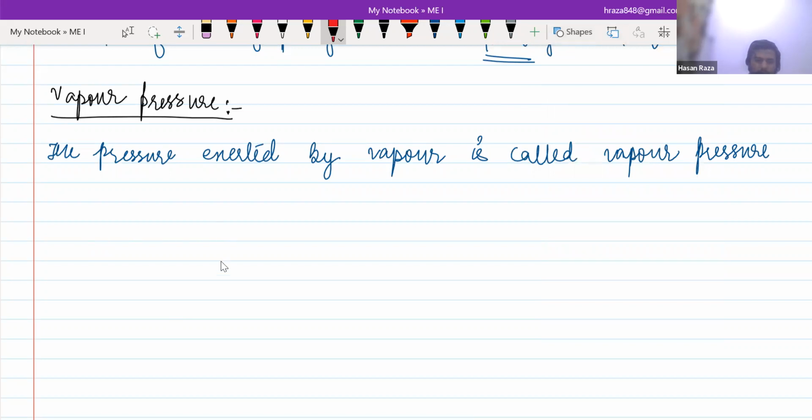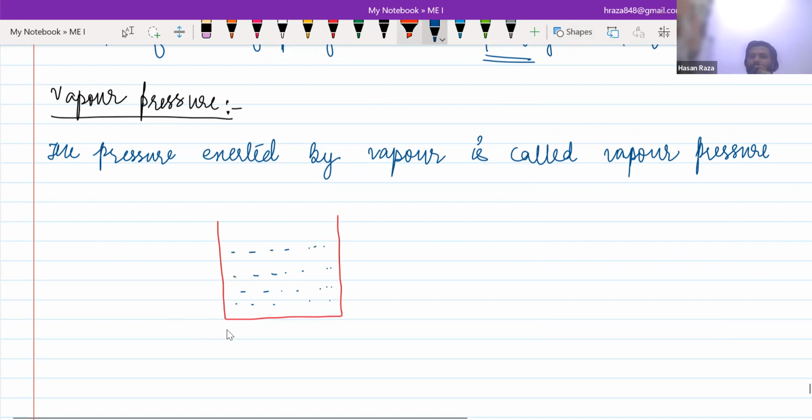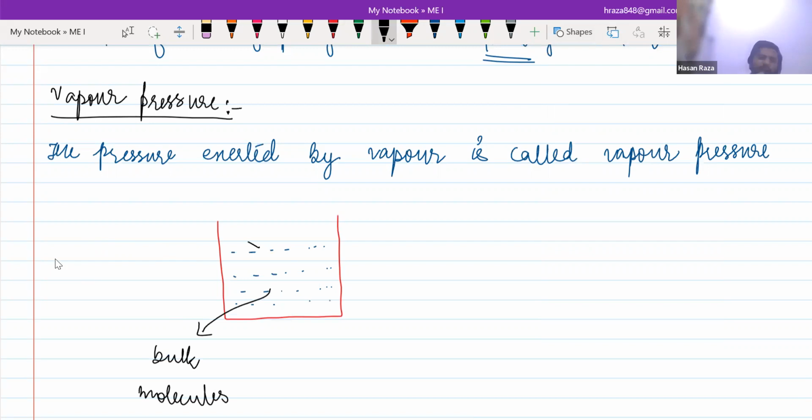I'm going to show you. This is a container in which, just suppose, a liquid or water is present. The liquid present here, below the surface, is known as bulk molecules of water, and the liquid present on the surface is known as surface molecules.